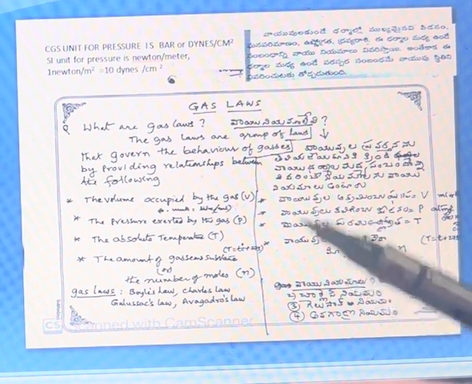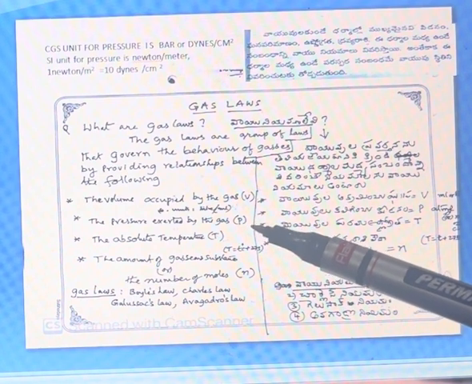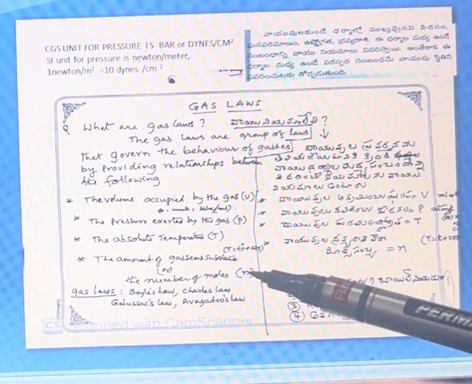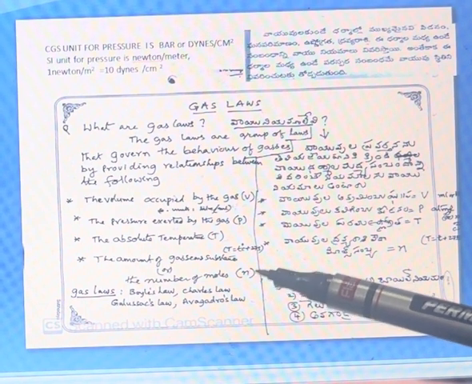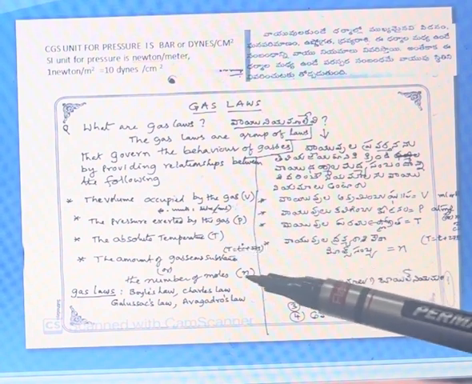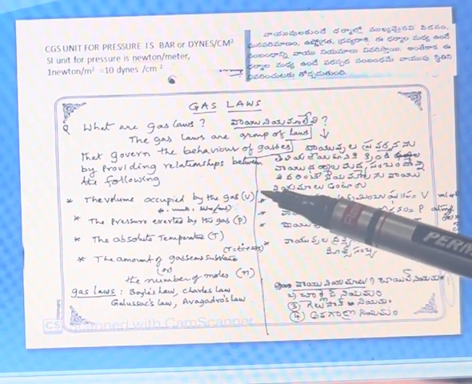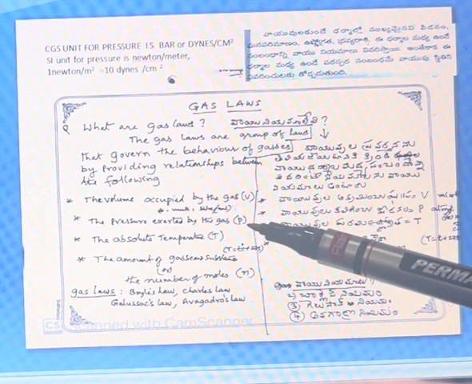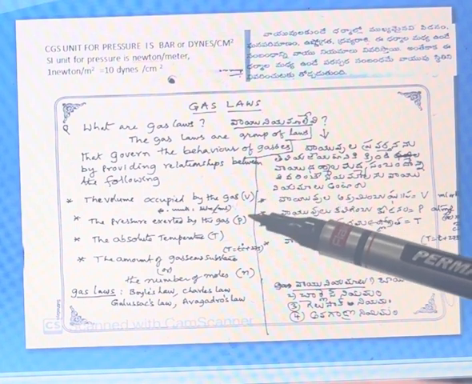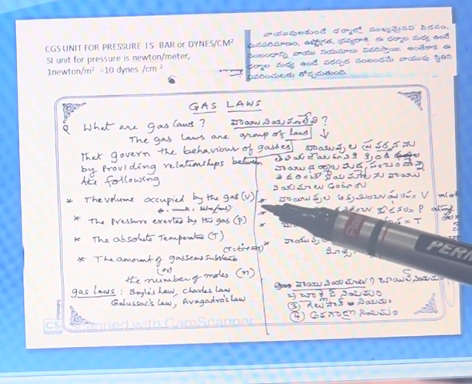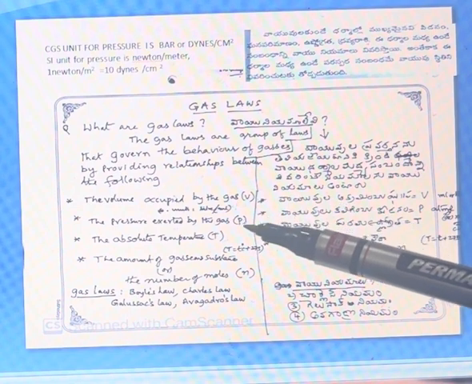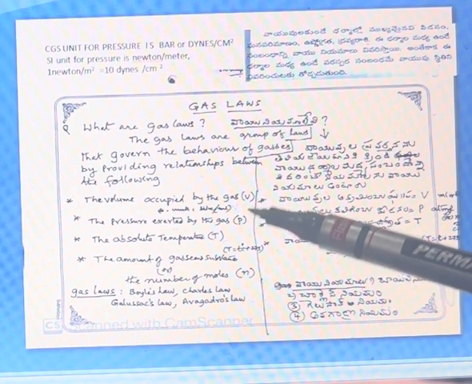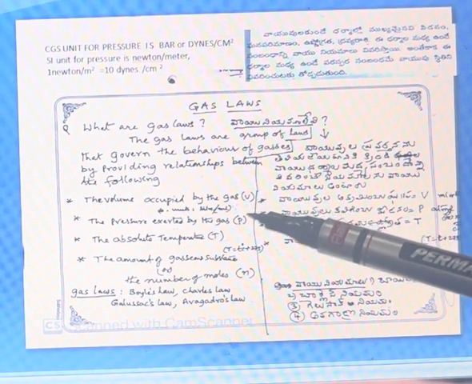For example, at constant temperature and mass, moles are constant and temperature constant. These 2 are constant. The relation between P and V: P is inversely proportional to V, P is equal to K by V. If you increase P, the volume is decreased. If you decrease P, volume is increased. The relation between P and V is inverse proportionality. That relation is called Boyle's law. So, that is one law.